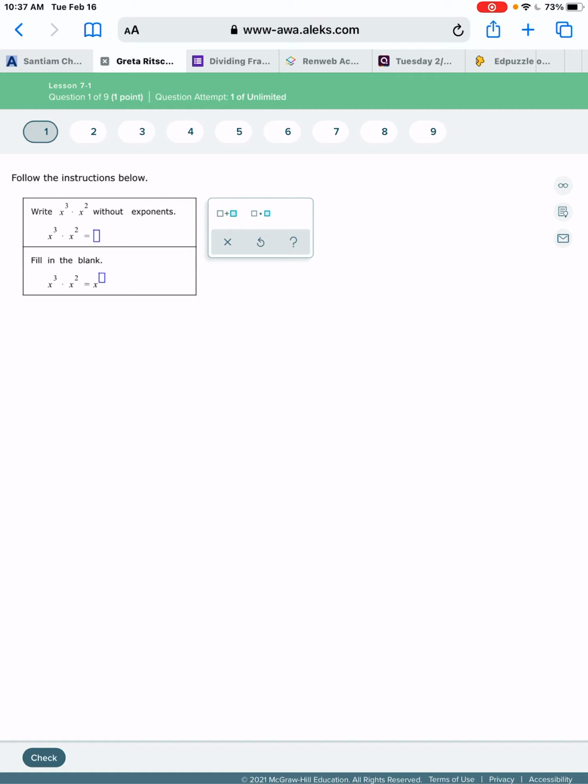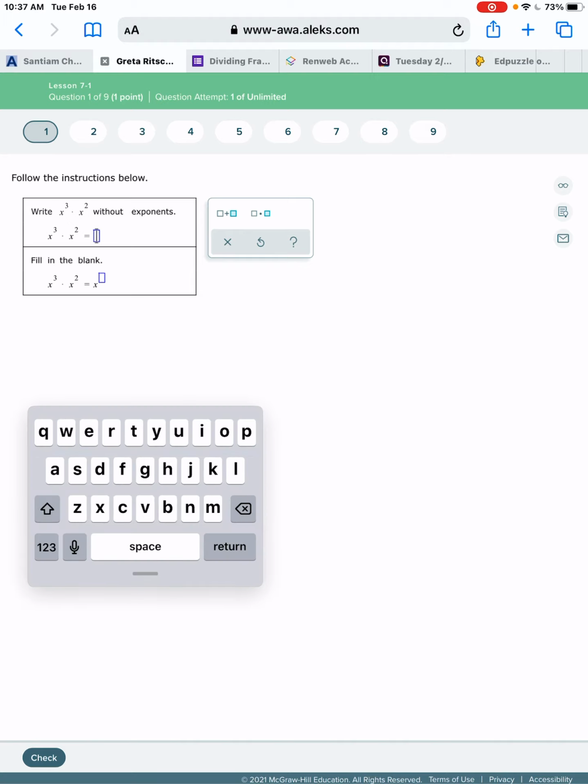The first one says, write x to the third times x squared without exponents. In this case, it's kind of a pain, but what it means is x to the third is x times x times x, and x squared is x times x.